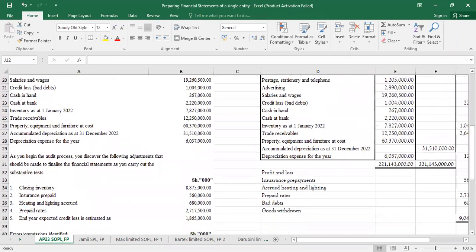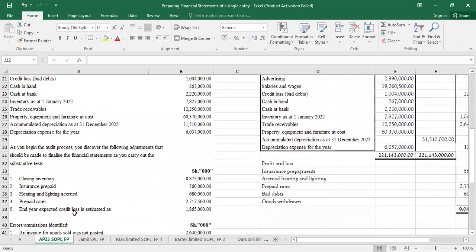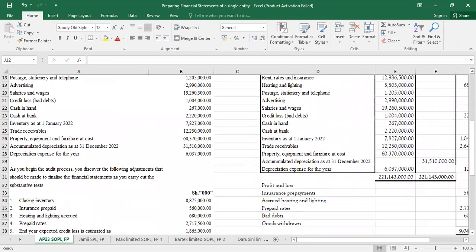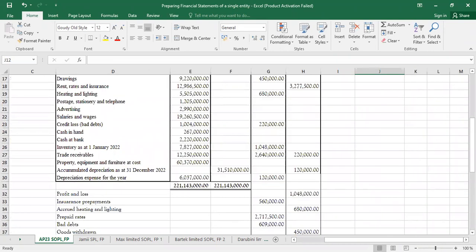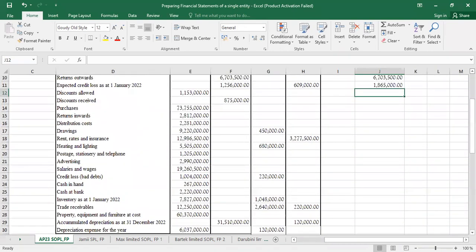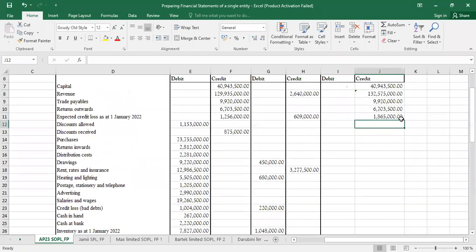You can see here the expected credit loss is estimated at 1665, so it will just come in as it is. That's why we are not doing the adjustment on the credit loss, because you are told it will be 1665. Then we continue. So we go to discount allowed.